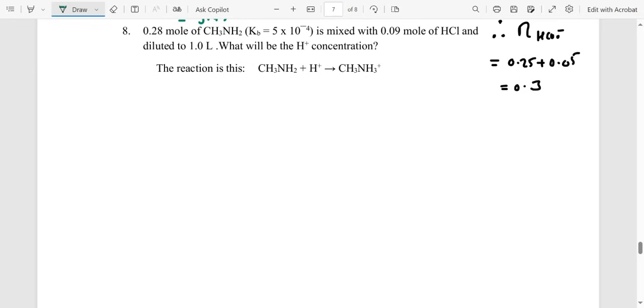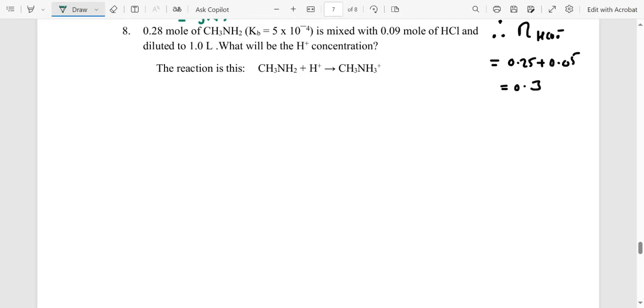So number 8 is saying 0.28 moles of CH3NH2 with a Kb of 5 times 10 to the negative 4 is mixed with 0.09 moles of hydrochloric acid and diluted to 1 liter. What will be the concentration of hydrogen? And they've given us the equation there.